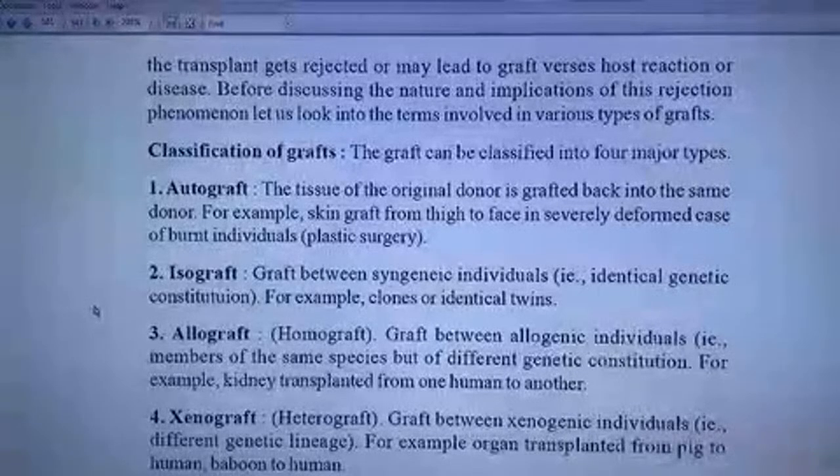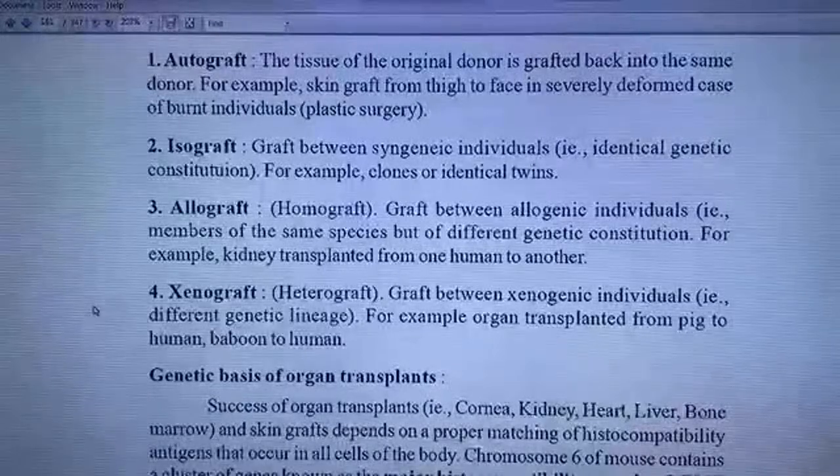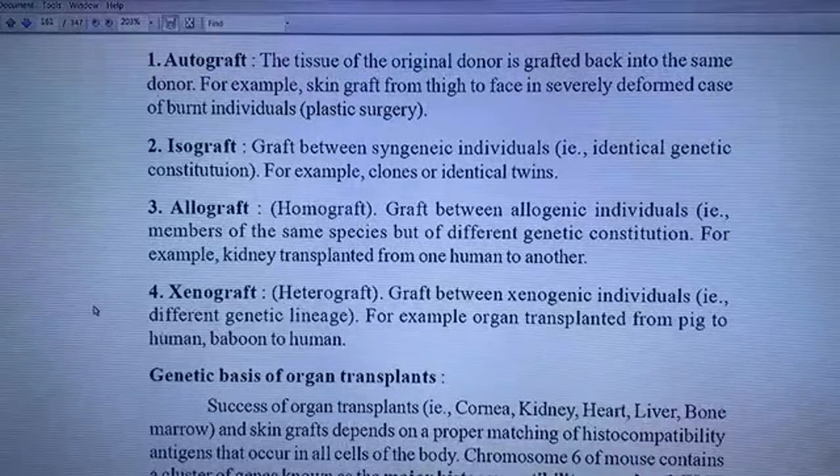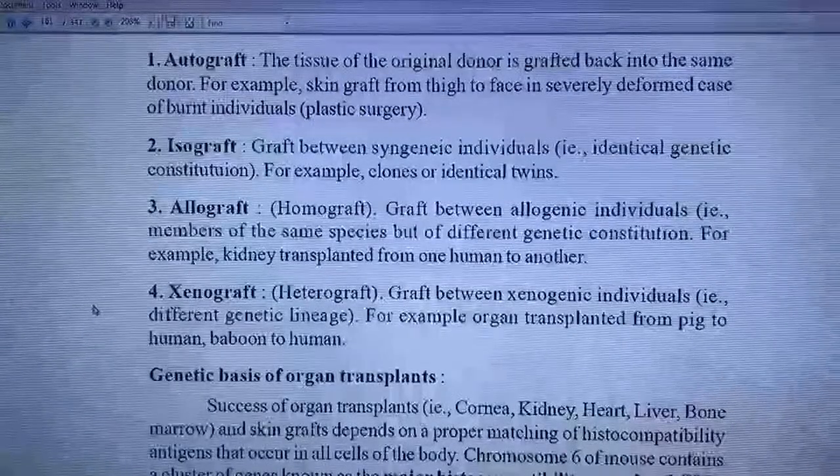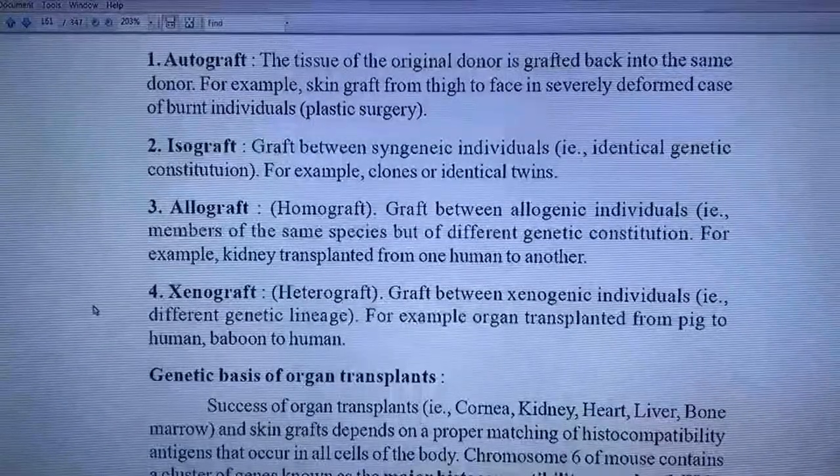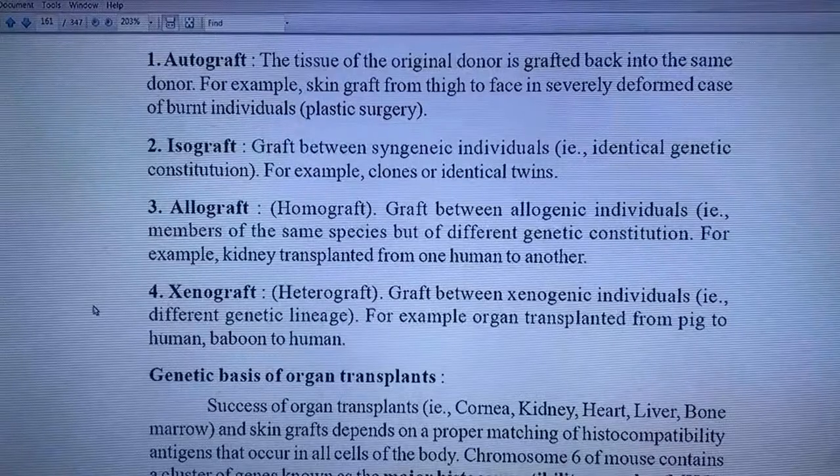Classification of graft. The graft can be classified into four major types. 1. Autograft, for example, skin graft from thigh to face in a severely deformed case of a burnt individual, plastic surgery. 2. Isograft. Graft between syngenic individuals, identical genetic constitutions, for example, clones or identical twins.